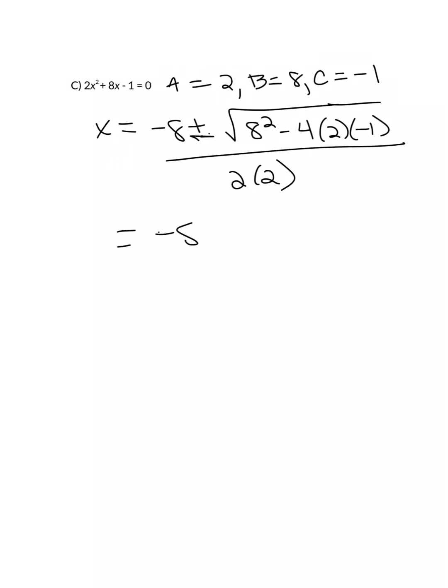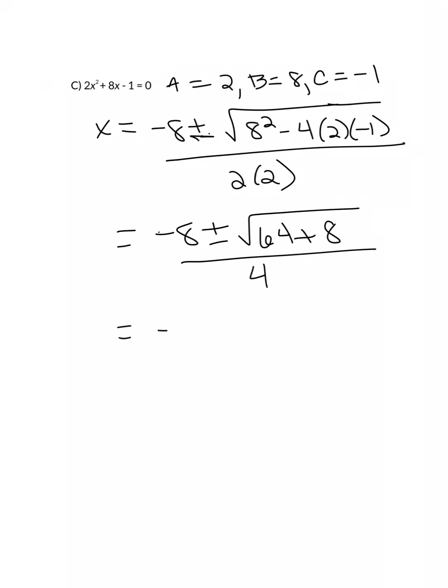Inside our square root, we will get 64 plus 8, all over 2 times 2 is 4. This now gives us negative 8 plus or minus the square root of 72 over 4. We talked about the square root of 72 in class.